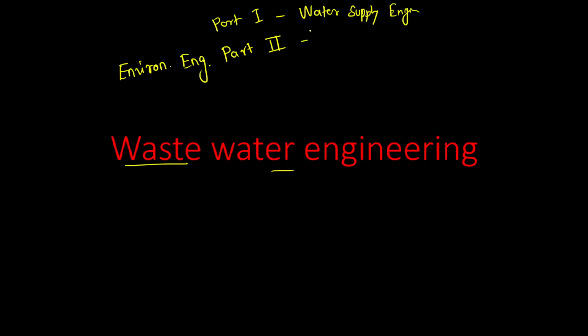So to get a basic idea about this, we have seen, if you watch the previous videos of water supply engineering, that the main point, the place from where the raw water is taken, the first point in the process, is the source, and examples of source are rivers, lakes, ponds, reservoirs. From these sources, the water is taken to the water treatment plant.